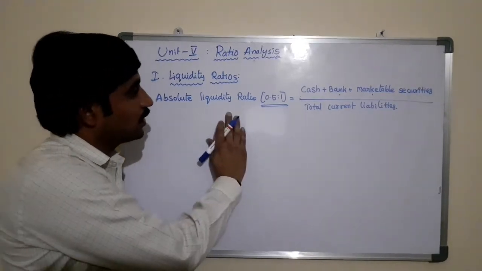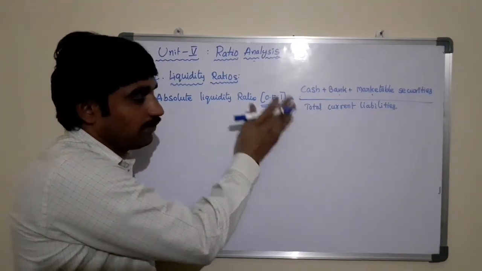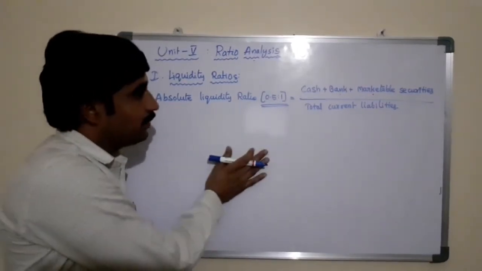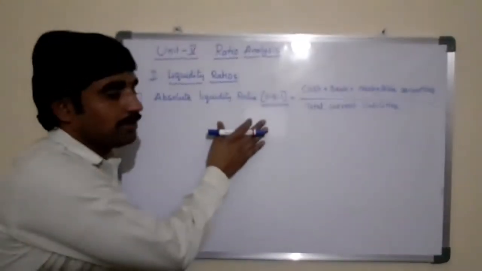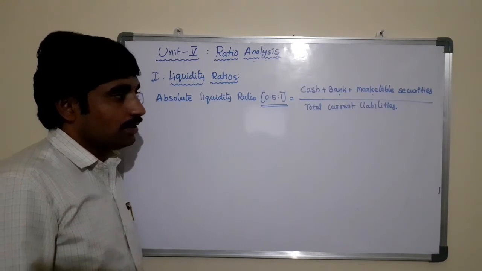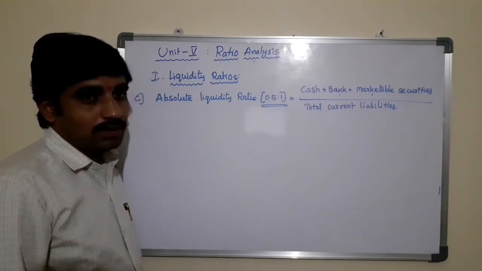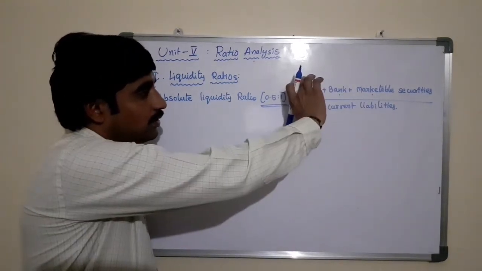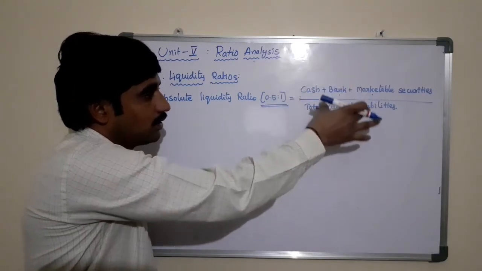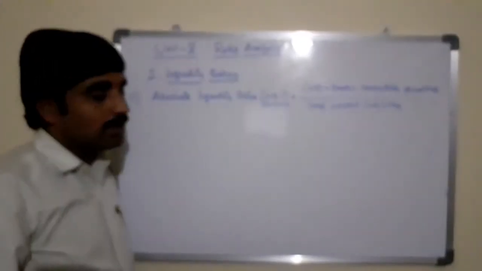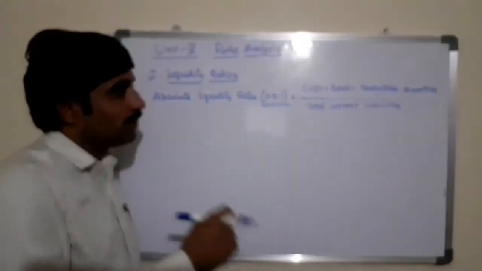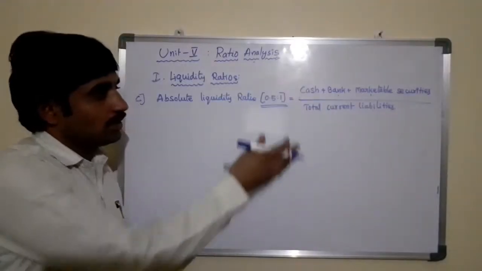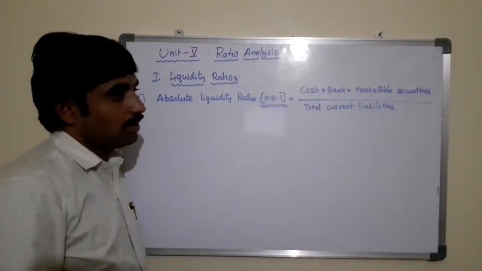So the absolute liquidity ratio is defined as the relationship between absolute liquid assets and the total current liabilities. We can also explain this as a definition. Hence the definition for the absolute liquid ratio is the ratio between absolute liquid assets and the total current liabilities.